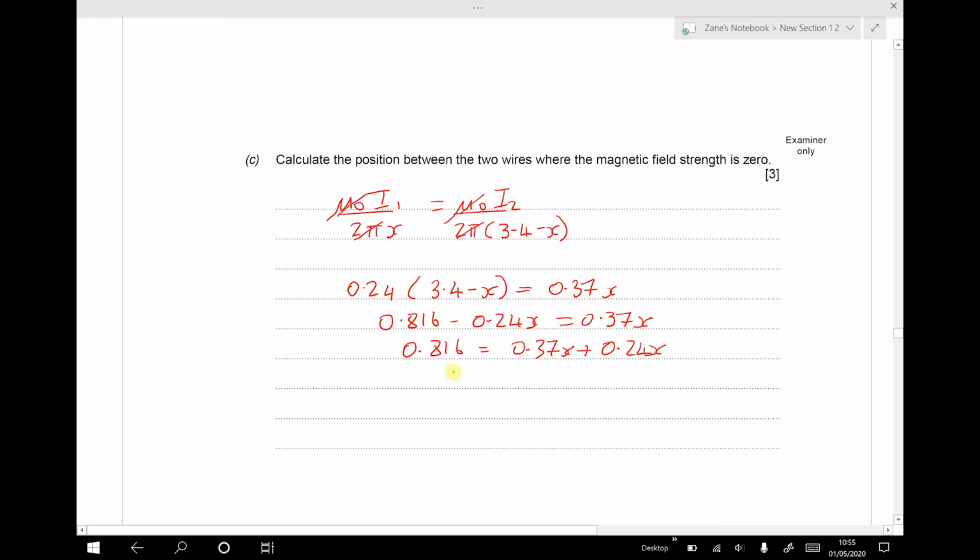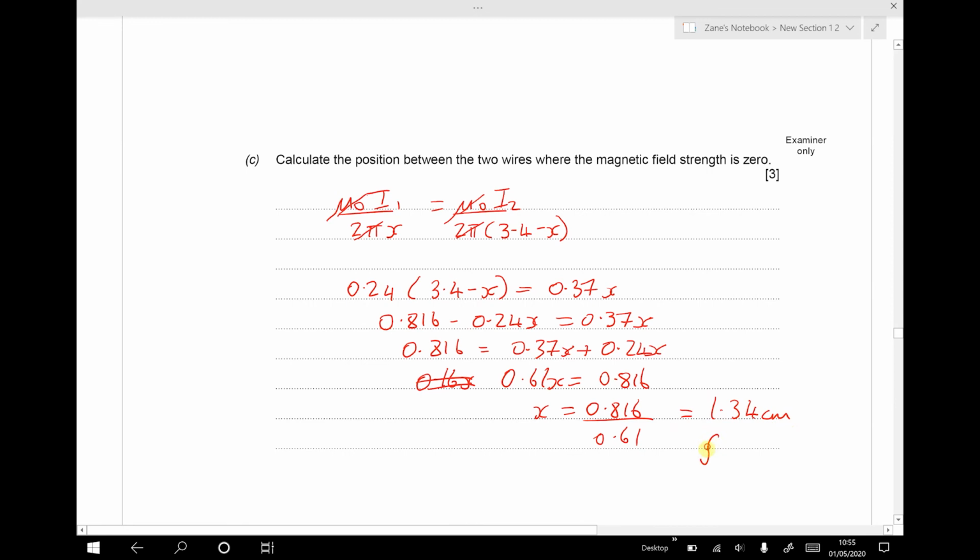So altogether we've got 0.61x. So let's write that the right way around: 0.61x is equal to 0.816, and then x is 0.816 over 0.61. And that will give us 1.34 centimetres.